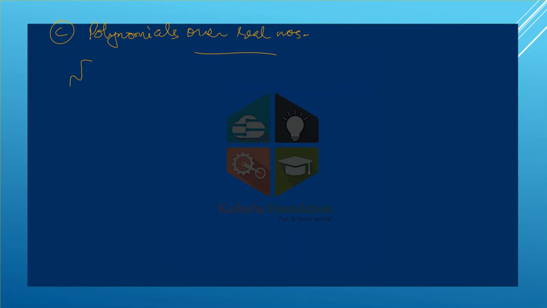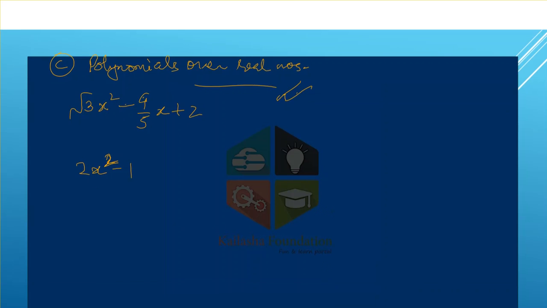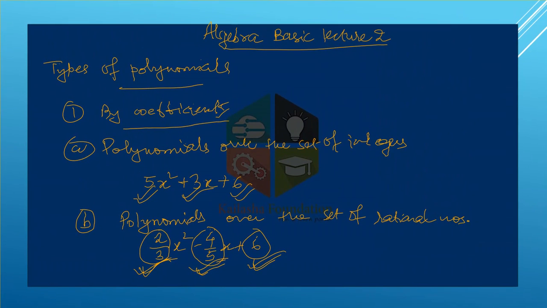So root 3x square minus 4 by 5x plus 2, this is a polynomial over real numbers. This is also a polynomial over real numbers. Okay, so this is a bigger category. Thereafter this is smaller than that, and this is the smallest: polynomial over the set of integers.